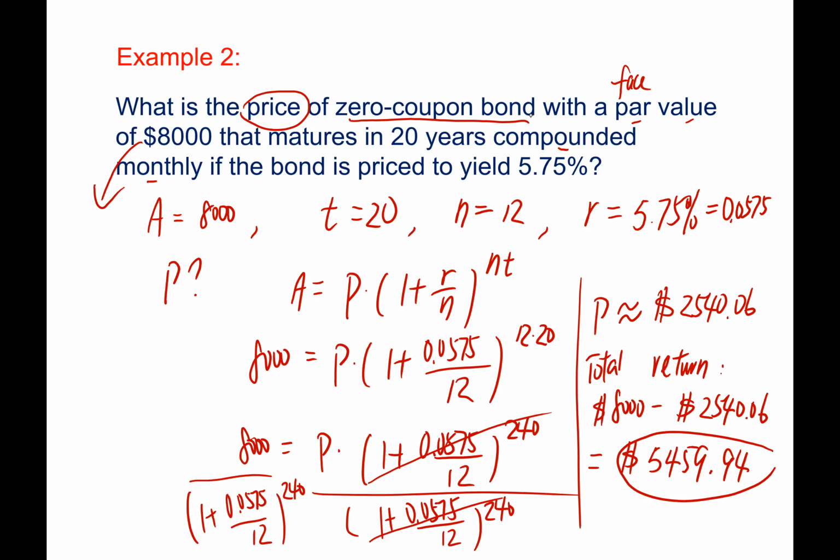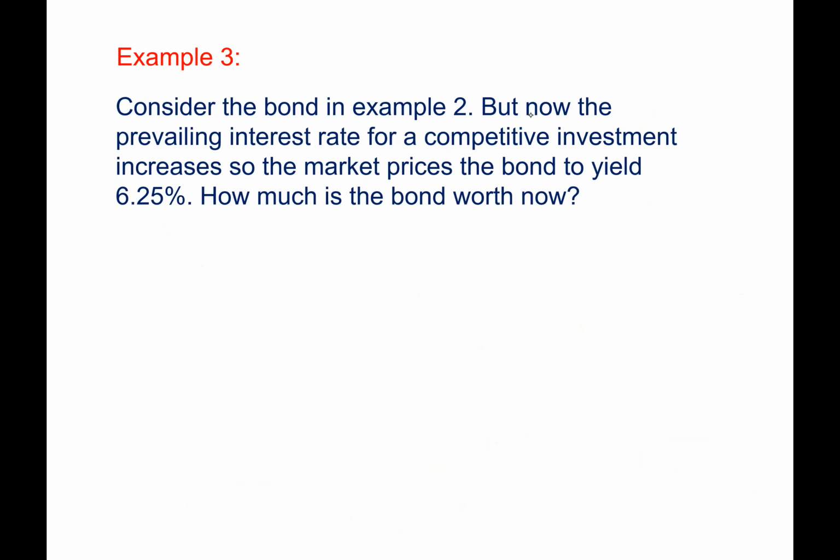Okay. Now I want you to try this one. So consider the bond in example 2, but now the prevailing interest rate for competitive investment increases, so the market prices the bond to yield 6.25%. Right, so everything else is the same. So now the ending balance is still $8,000.